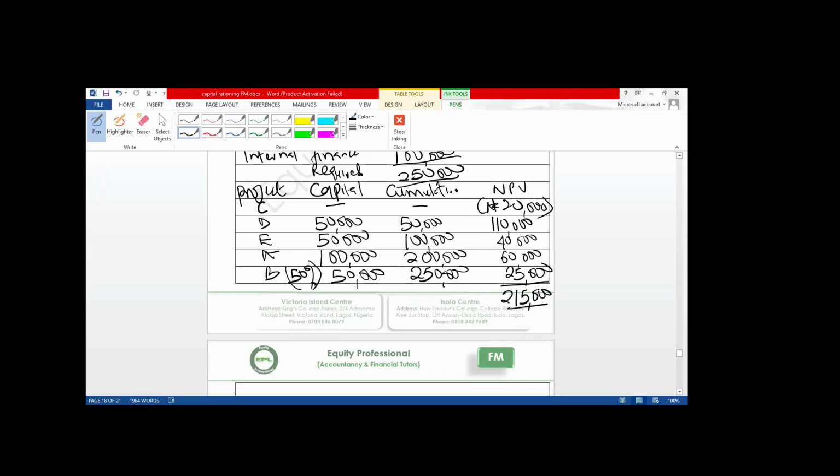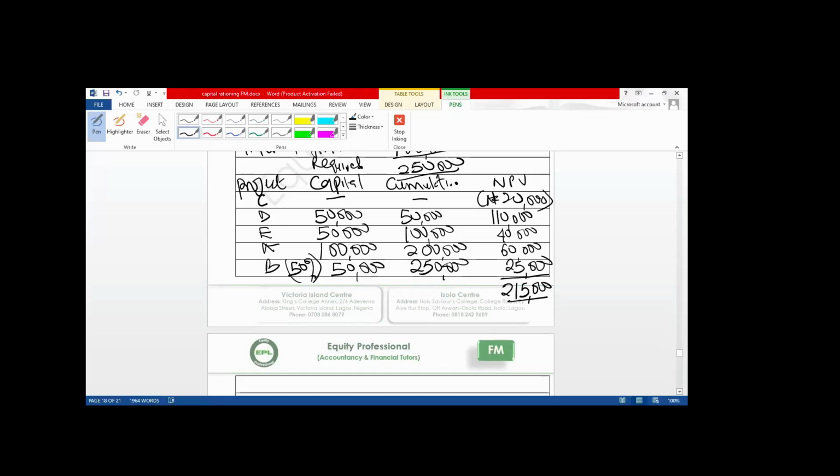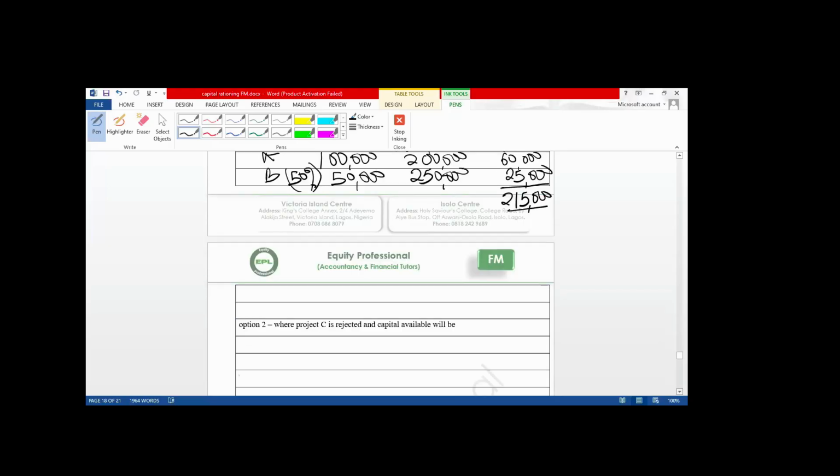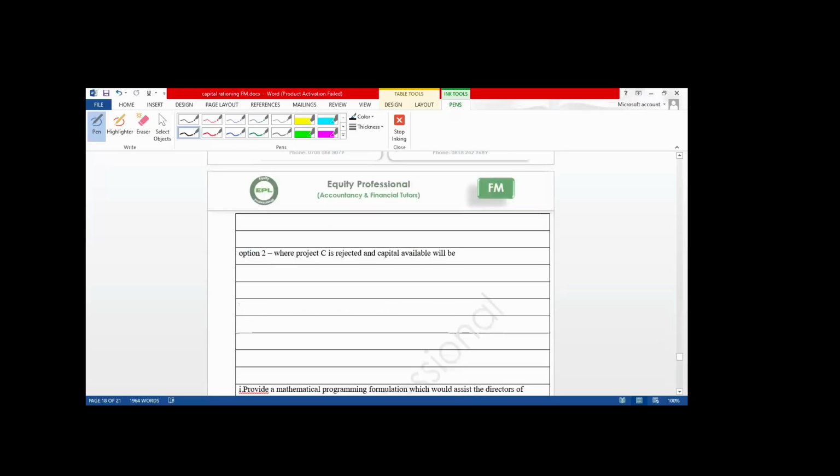That is if you consider project C a special project. Now you can look at option 2. Reject project C. Capital available will now be 150,000.